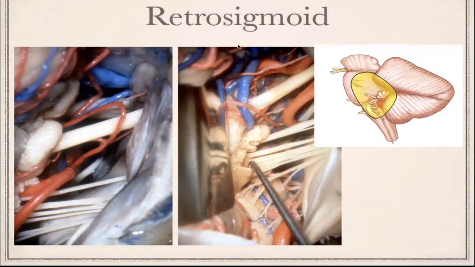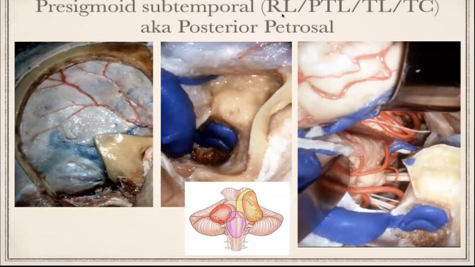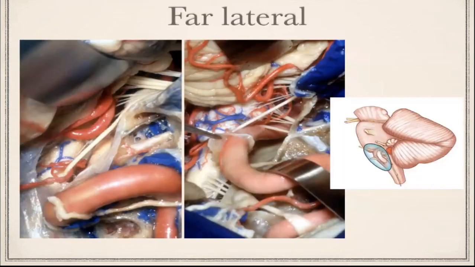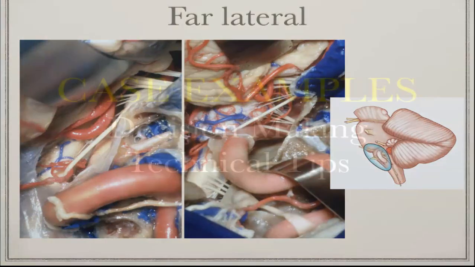The presigmoid subtemporal combined, either retrolabyrinthine, partial translabyrinthine, transcochlear, also known as the posterior petrosal approach of Al-Mefty. That is a very powerful approach to give you a different angle to the lateral pons, very different from what the retrosigmoid approach gives you. It allows you to go cross-court. And of course, the very useful far lateral approach for the lower pons and anterolateral medulla.